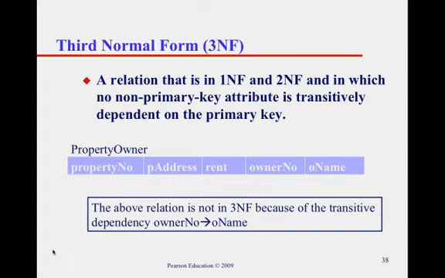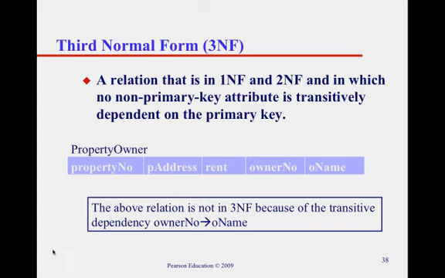The left-hand side, which is the determinant, stays in both the original relation and the new relation. And that's what preserves the lossless join property. So it's the same technique that you used for going from first to second normal form. To get into second normal form, you eliminate partial dependencies. To get into third normal form, you eliminate transitive dependencies.